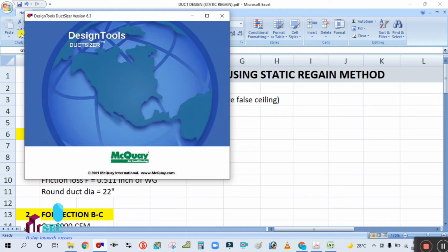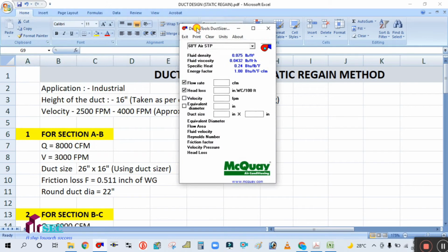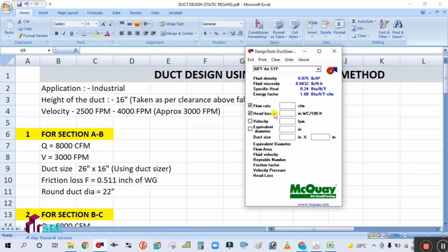This is the duct sizer tool, the McQuay Duct Sizer program. You have to enter the flow rate here. The flow rate is the CFM, 8000, and simply click on these first two, flow rate and velocity. Enter the flow rate here, and the velocity is given here as 3000 feet per minute.